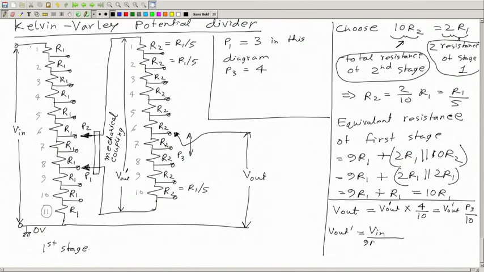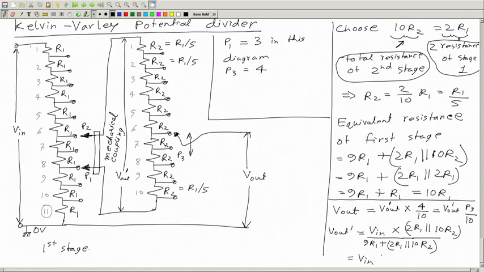This is 9 R1 plus 2 R1 parallel 2 R1, or we can write first 10 R2. This is V in divided by this and multiplied by the equivalent resistance between these two terminals, which is this plus this. So 2 R1, not plus, parallel.